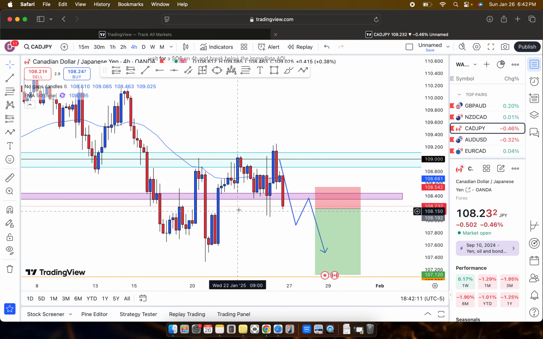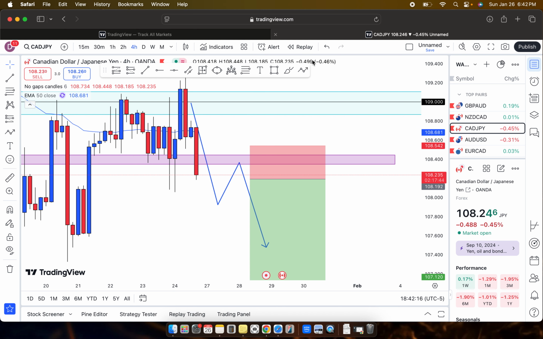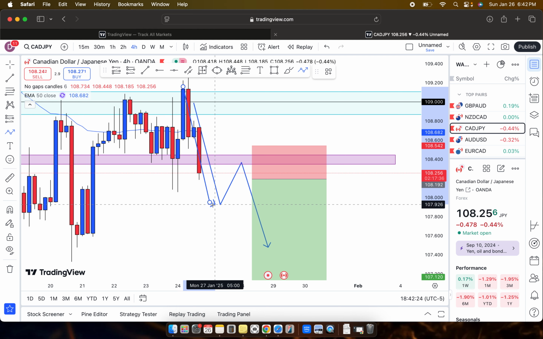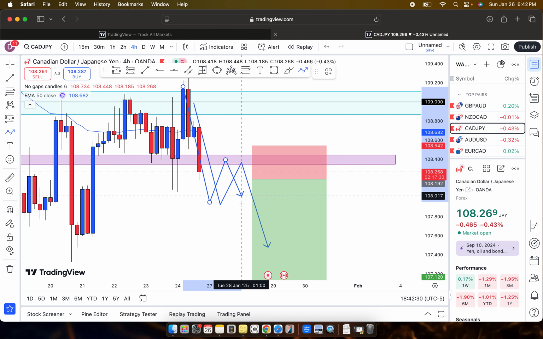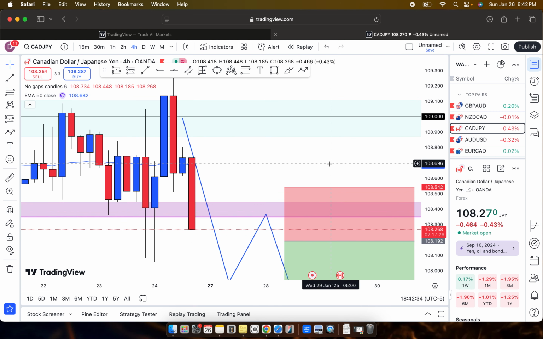Now my analysis on this is that I'm gonna wait for the price to break below this immediate purple area of interest, right? Once it breaks below on the 4 hour, I would wait for it to retest this area of interest before I would start selling, right?